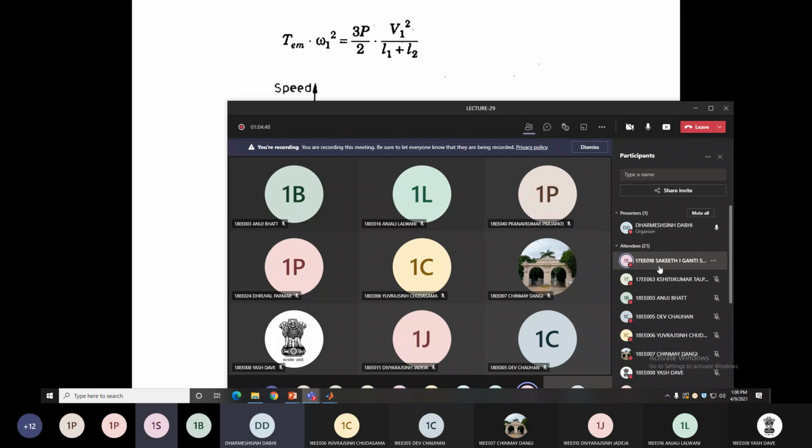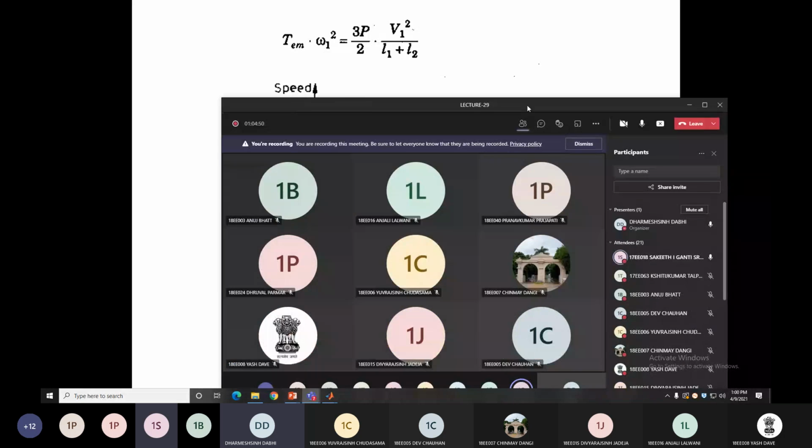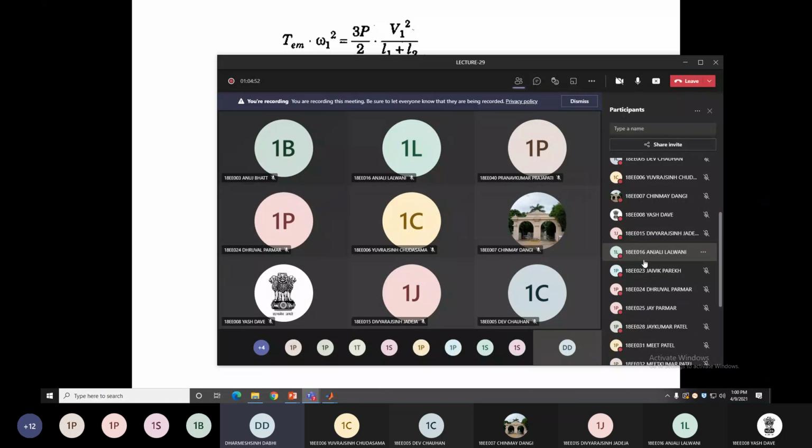Yes, sir. Is there any doubt? No, sir. 15 number, Divyaraj. 15 number Divyaraj, are you present? 16 number Anjali. 16 number. Yes, sir, no doubt.